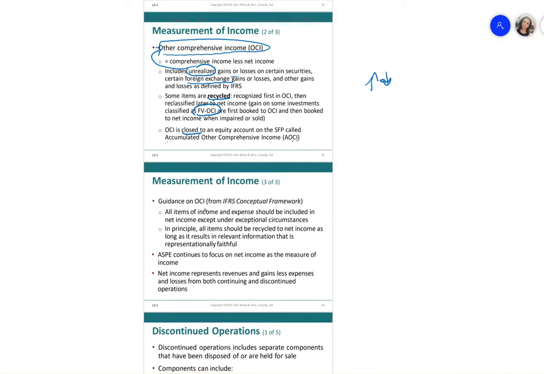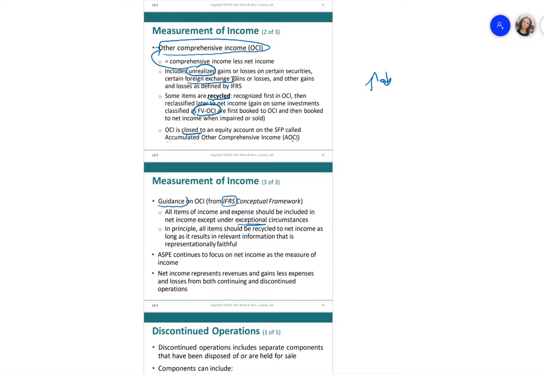Now, there's some guidance given to us under the IFRS conceptual framework when it comes to other comprehensive income. All items of income and expense should be included in net income except under exception. So there's always an exception. We should include all the income and expenses, but there are always some exceptional circumstances where we're unable to put it in.